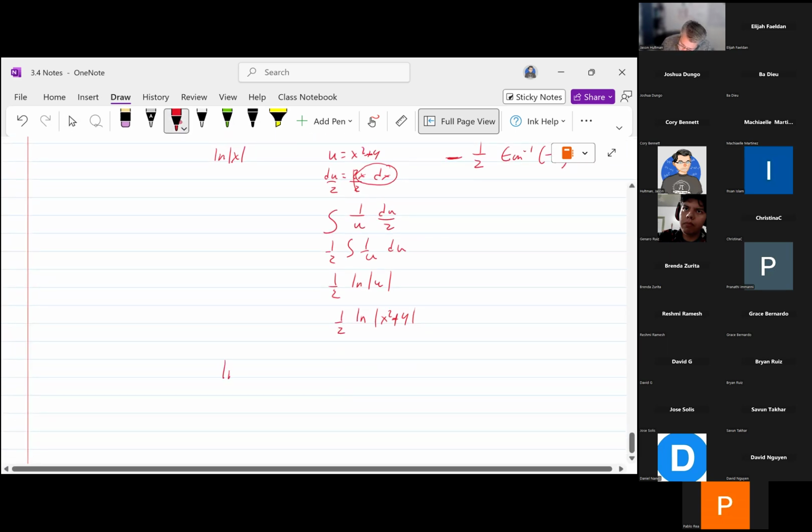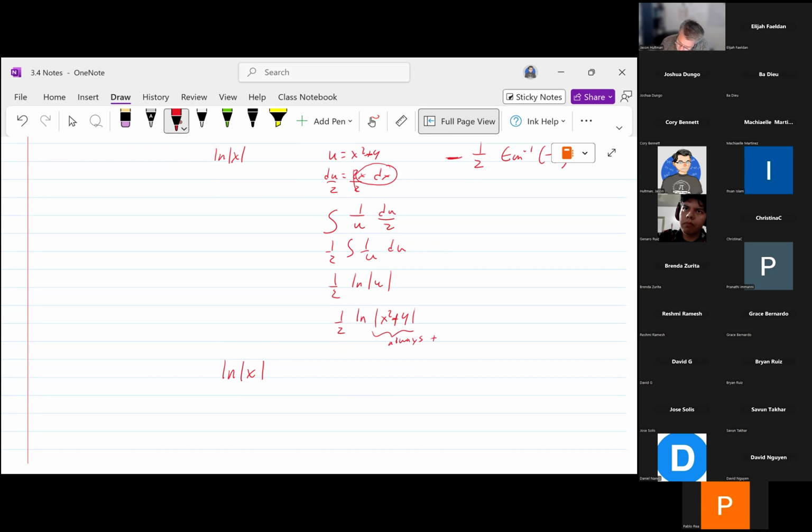So now what do we have? We have the natural log of the absolute value of x. For the x squared plus 4, can everybody understand that I can drop the absolute value bars because it's always positive? No matter what x's I put in, that's always positive.